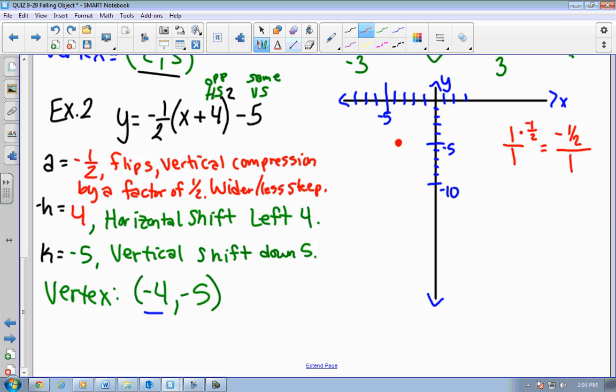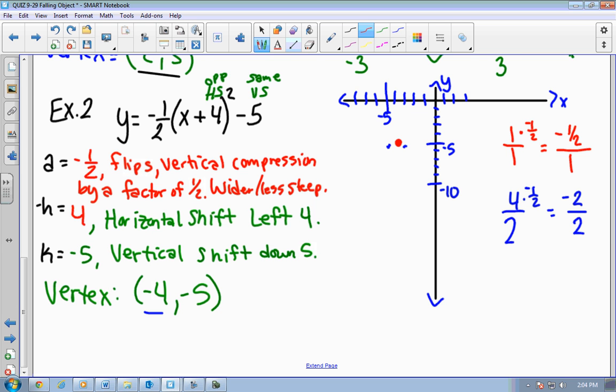So from your vertex, you're going to go down a little bit and run 1, and I'm at -4. So right there and right here. Because it's supposed to be wider, faster than it's going down. And then the next one was 4 times this guy by -1/2, so the rise is -2, and we'll run +2.